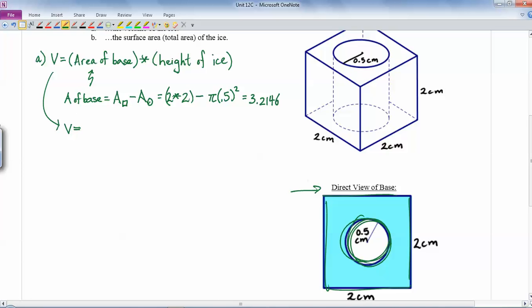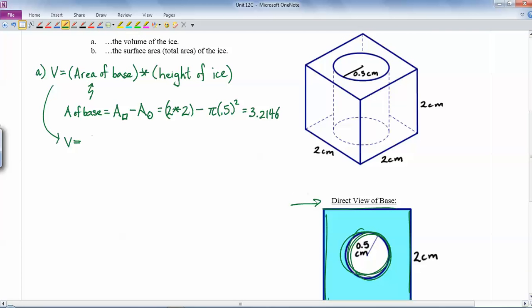Okay, so that means that the volume, if we come back up to here, is going to be the area of that base. So that's going to be 3.2146 times the height of the prism, or the ice, which is 2, right? So times 2.